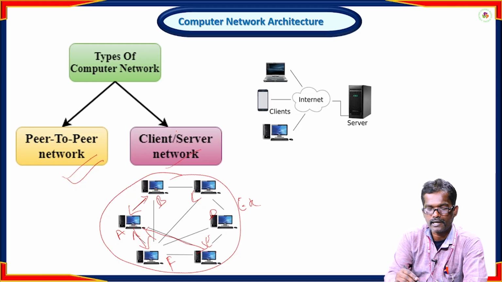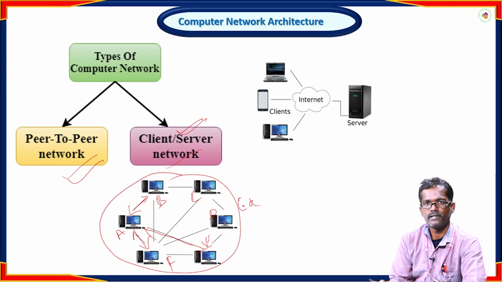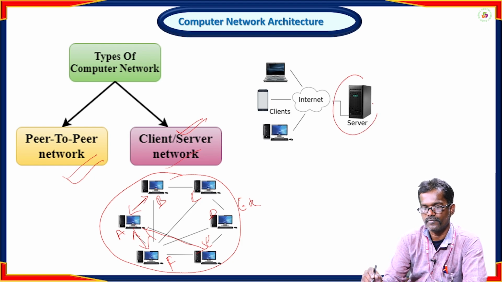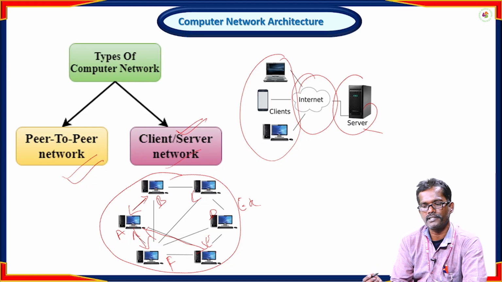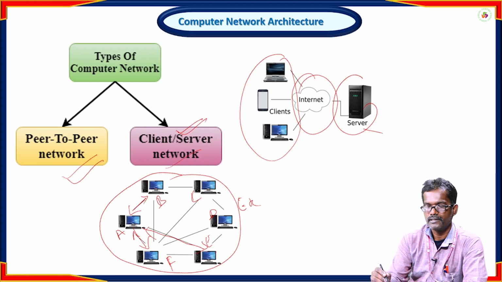And then coming to the client-server network. Here in this client-server network, the server is on one side and the clients are on another side. Both are combined with the help of networking. With the help of the internet, we exchange information from server to clients and clients to server.